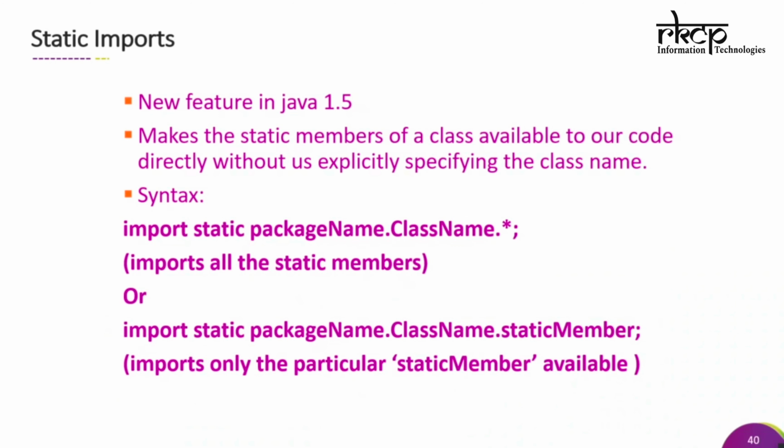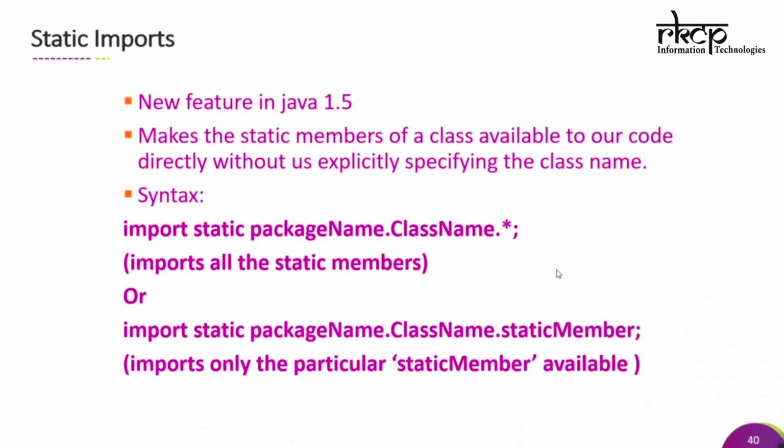In the same way, JDK 1.5 introduced one new feature, static import. If your class has many static members and you want to use all of them, you can use the import static keyword, followed by package name dot class name dot star.